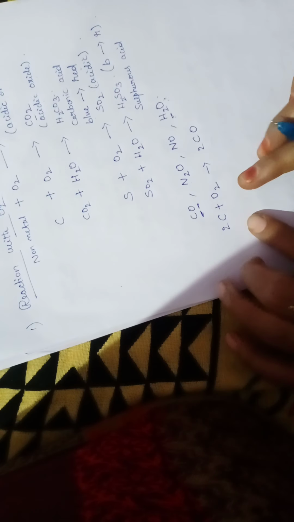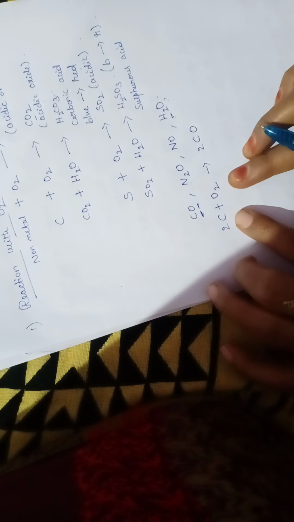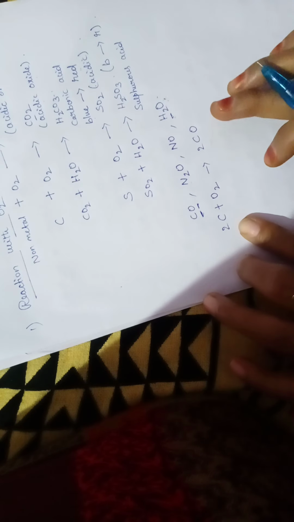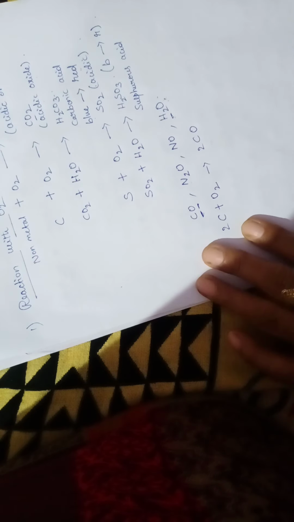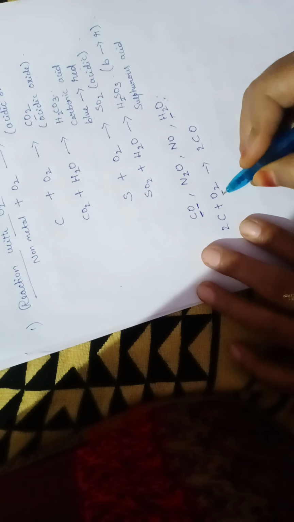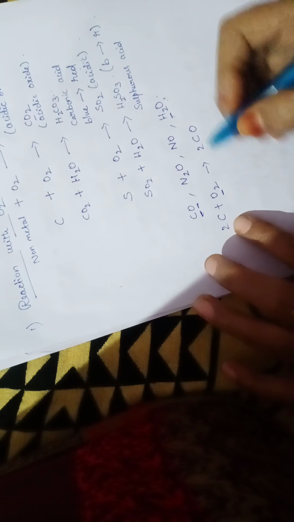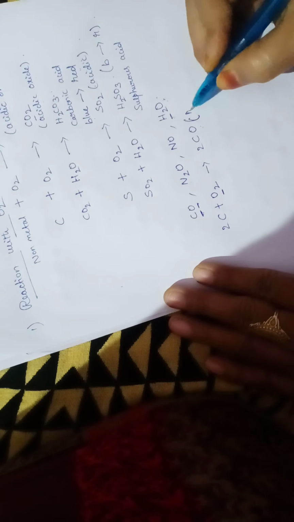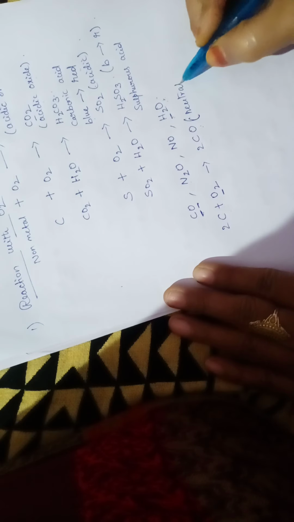When carbon burns in insufficient air, only carbon monoxide will be formed. If we supply a sufficient amount of oxygen, carbon dioxide will be formed. If we supply an insufficient amount of oxygen, only carbon monoxide will form, which is a neutral oxide.